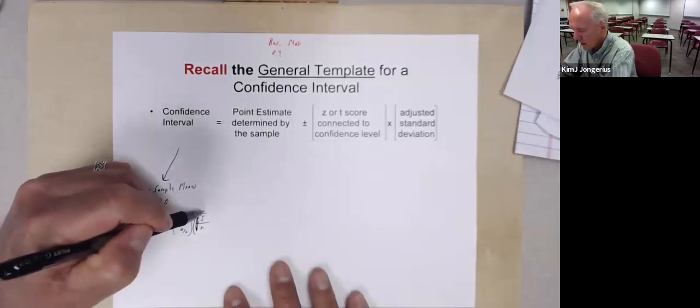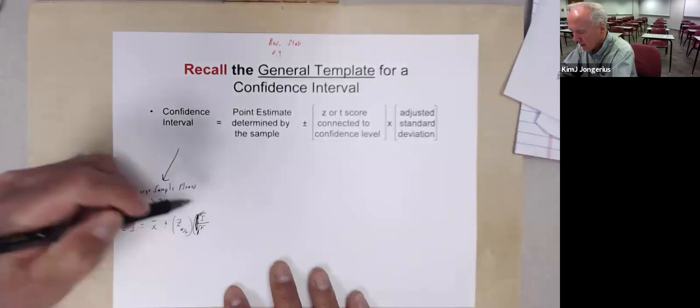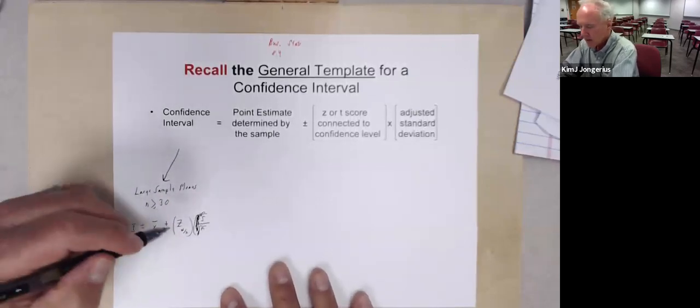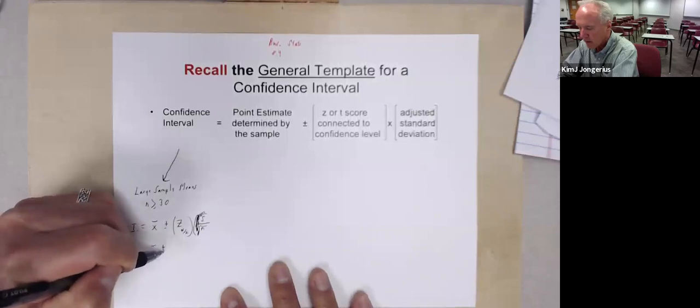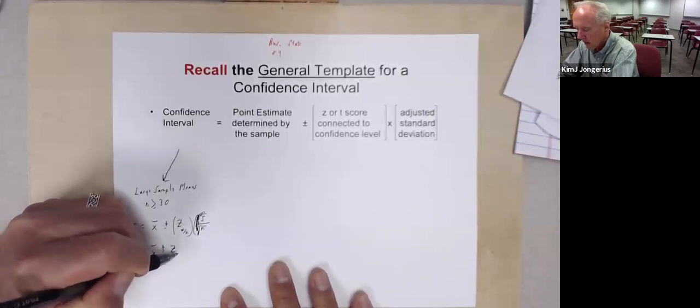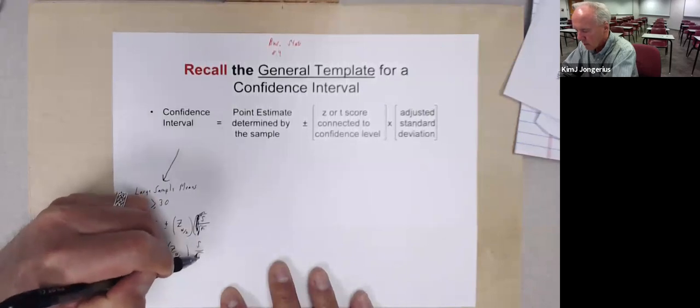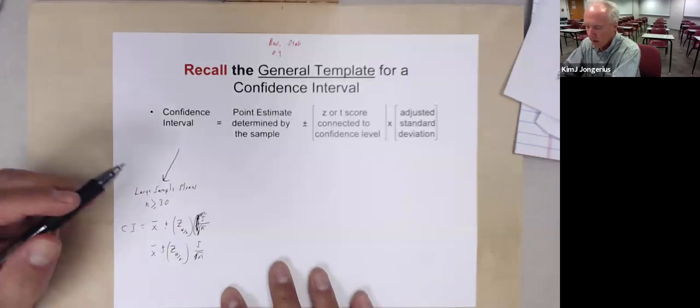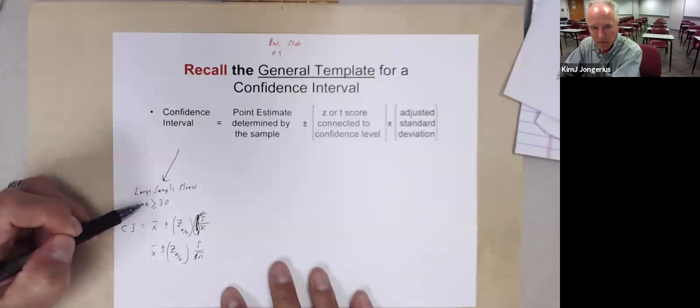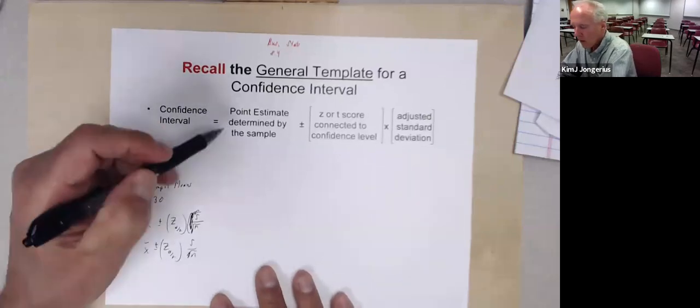That square root sign should have just been the square root of n. I apologize for that. So that would have looked like x bar plus or minus z alpha over 2 times s over the square root of n. We will review an example from that as well.